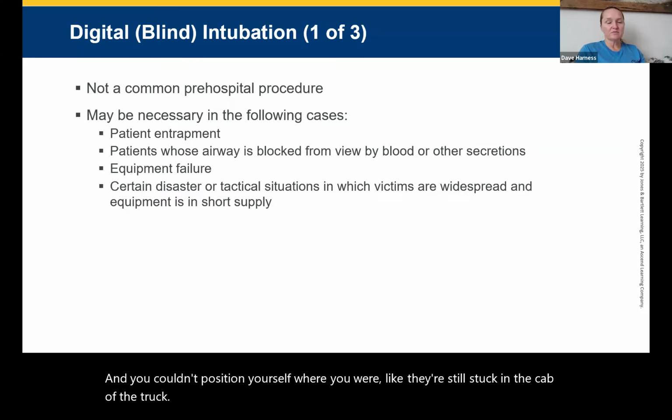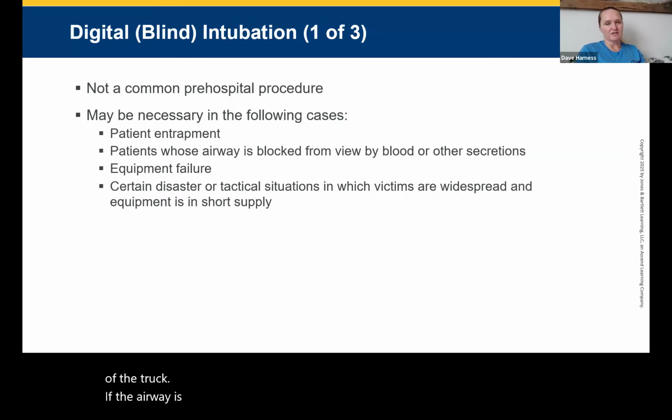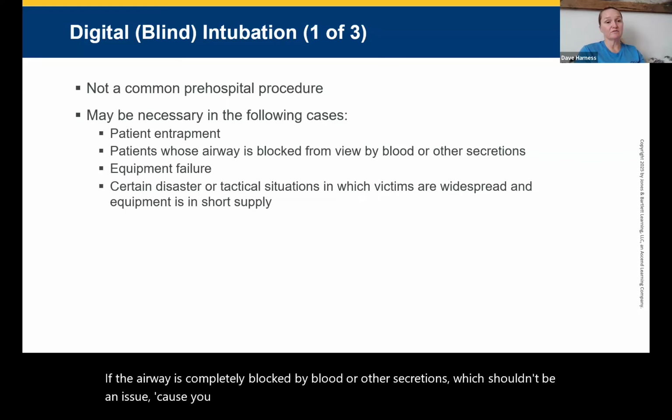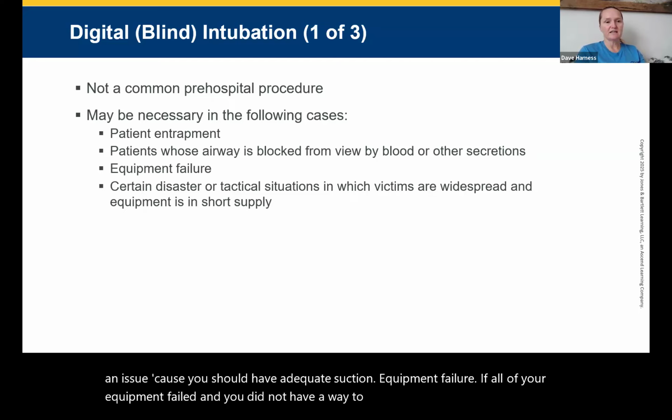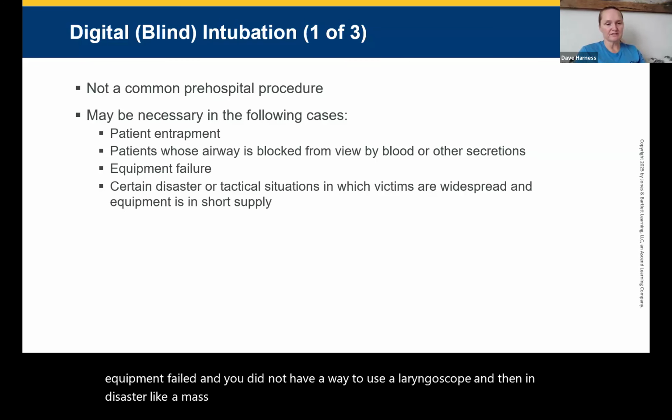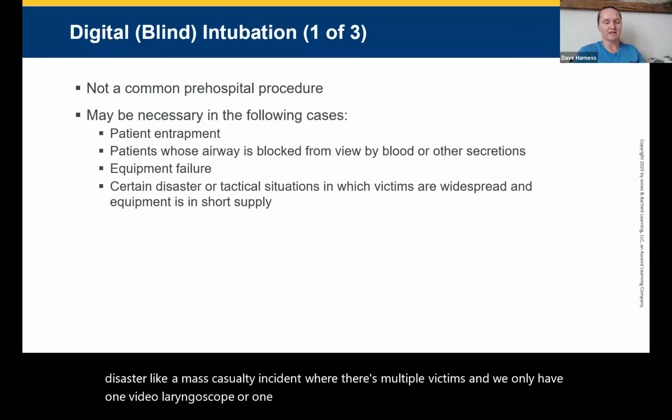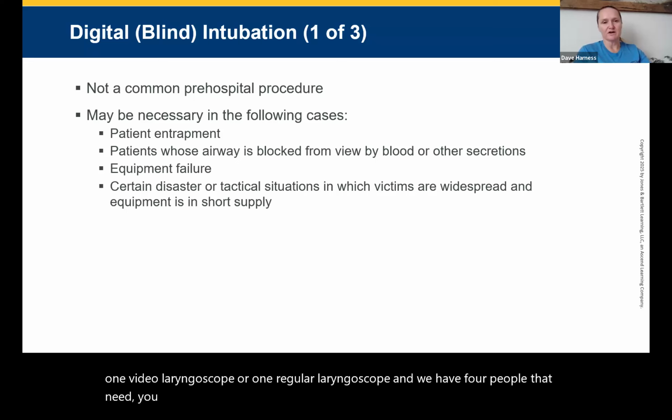If the airway is completely blocked by blood or other secretions, which shouldn't be an issue because you should have adequate suction. Equipment failure: if all of your equipment failed and you did not have a way to use a laryngoscope. And then a disaster like a mass casualty incident where there are multiple victims and we only have one video laryngoscope or one regular laryngoscope and we have 4 people that need it. You get the picture of if you just had no other choice.